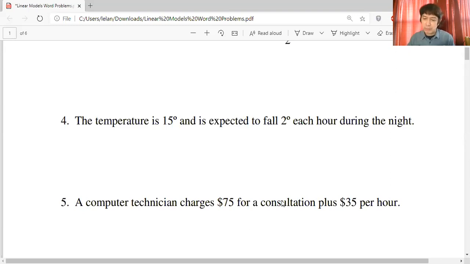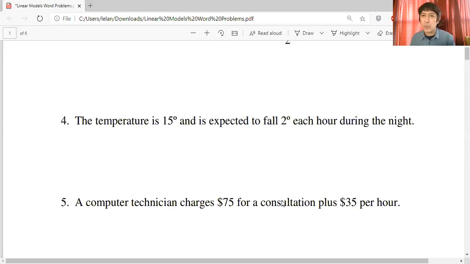So we shall get the correct variables first. For number 4, our variable will be, let's say, capital T for temperature. And then this is versus time, so hours. So we will still be using a small t for time. And then for our given data, at initial time 0, it's 15 degrees. So we will be using the small b, the y-intercept, using the 15.